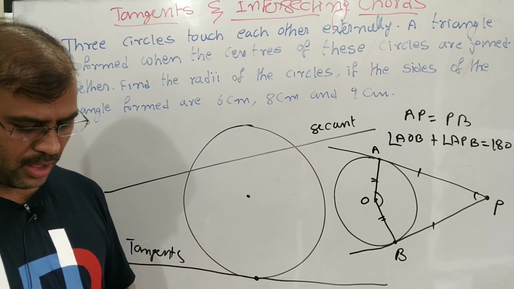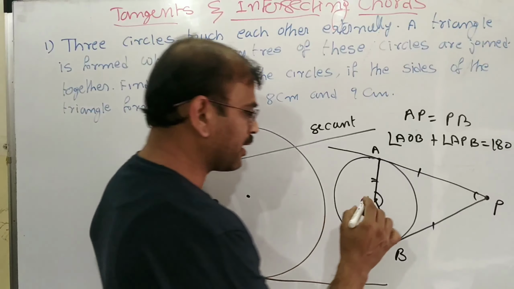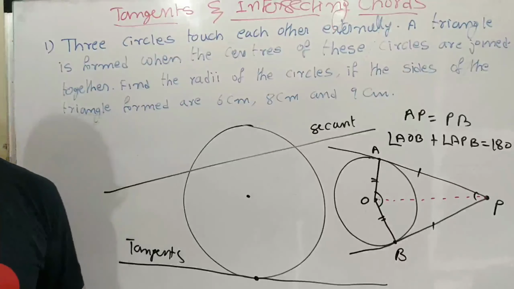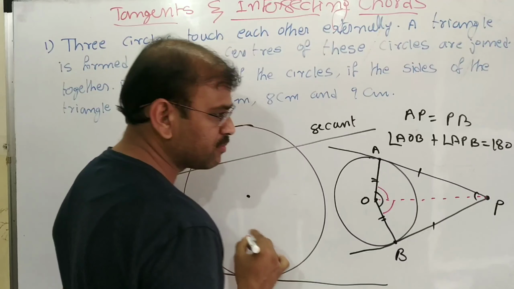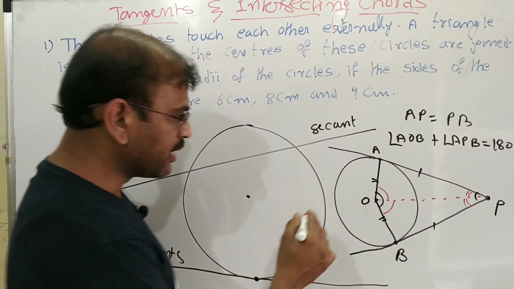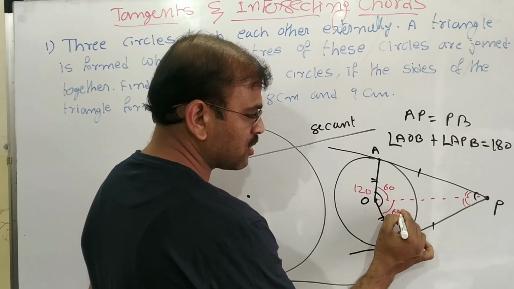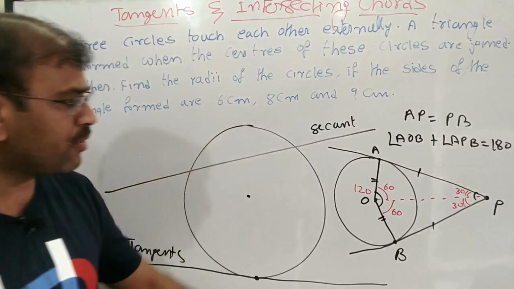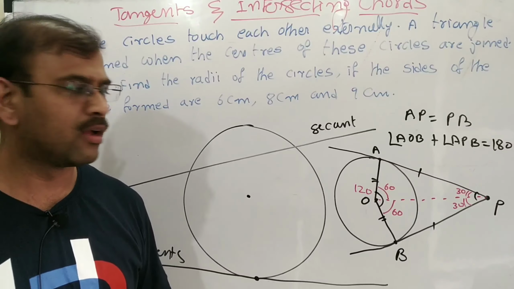Now similarly, if I join OP, this angle is going to be bisected. In case the center angle is 120, this will be 60, this also will be 60. Then this will be 30, this will be 30. Now if we add the sum of the angles, it should form 180 degrees.